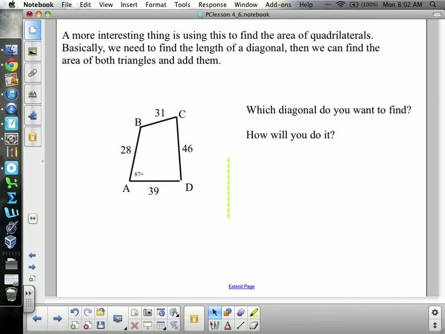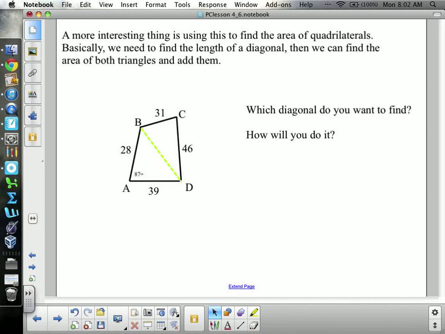Because when we're trying to find the area of a quadrilateral, we're going to want to break it into triangles. That's how we deal with quadrilaterals, is we break them into triangles.